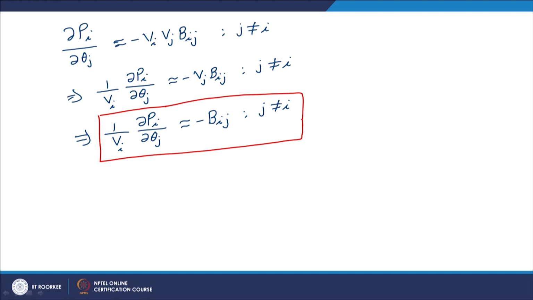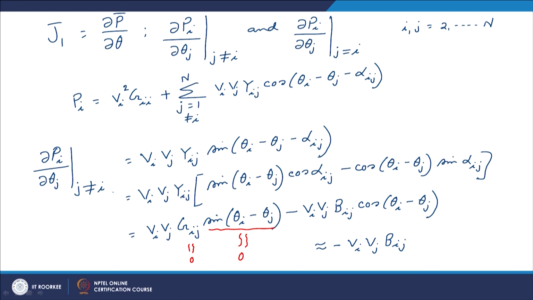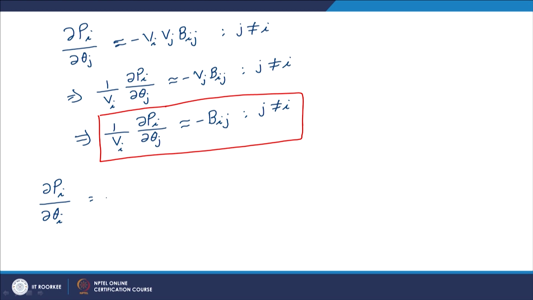Now, we look at the expression del P I by del theta I. We get from the expression: minus the sum over j equal to 1 to n, j not equal to I, of V I V j y I j sin(theta I minus theta j minus alpha I j).